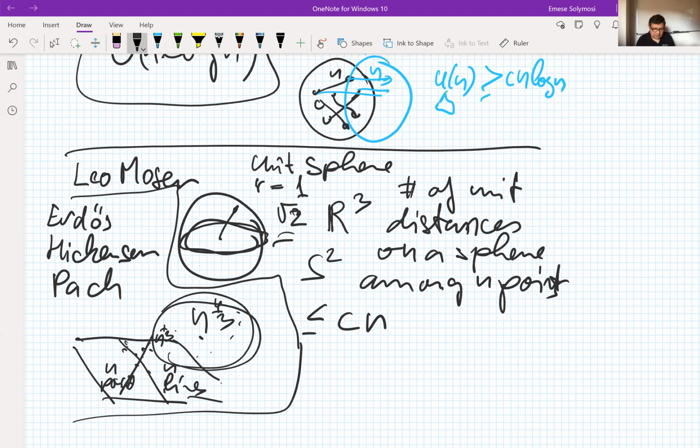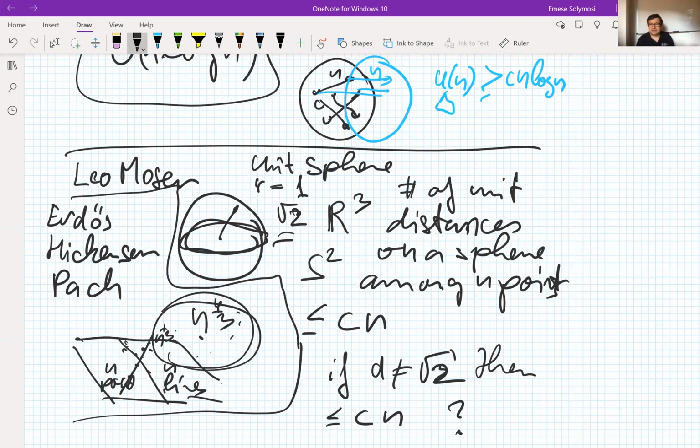So this is another case when n to the 4/3 is sharp, but still the conjecture, which I don't know what to think about, is that if your distance is not √2, then the number of pairs where you see this distance d is smaller or equal than some constant times n.